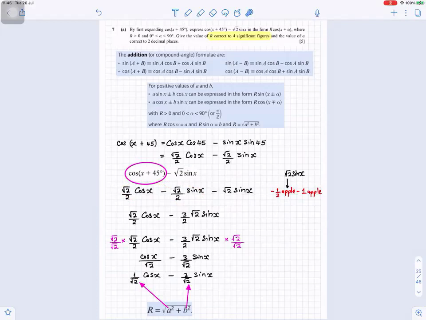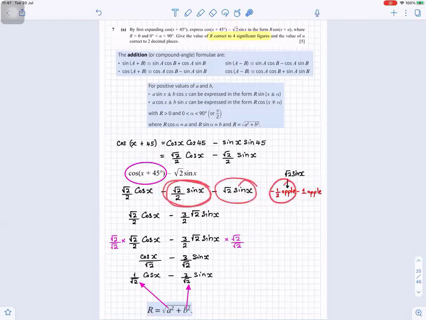So imagine root 2 sine x is like minus a half apple, minus 1 apple. Root 2 over 2 sine x minus root 2 sine x.